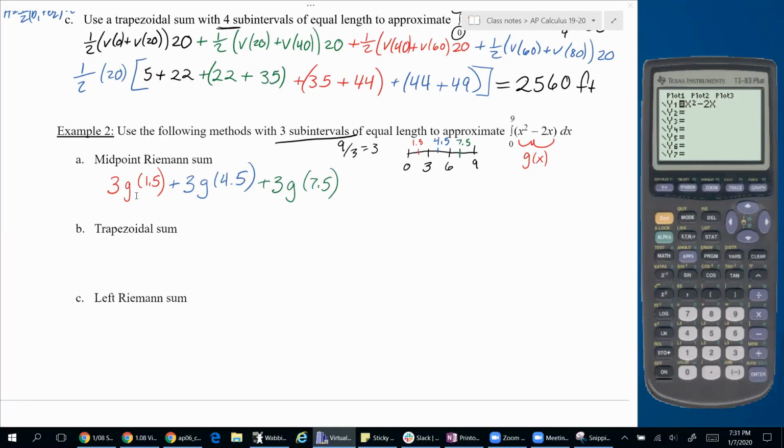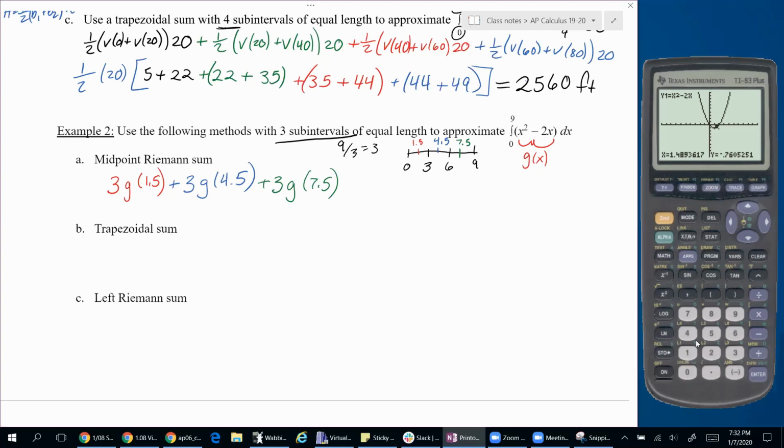So to help me, we can use our calculator. In y equals, we put in our function. We can press trace, and we can type in the values we want to find. So for the first rectangle, we want to evaluate it at 1.5.